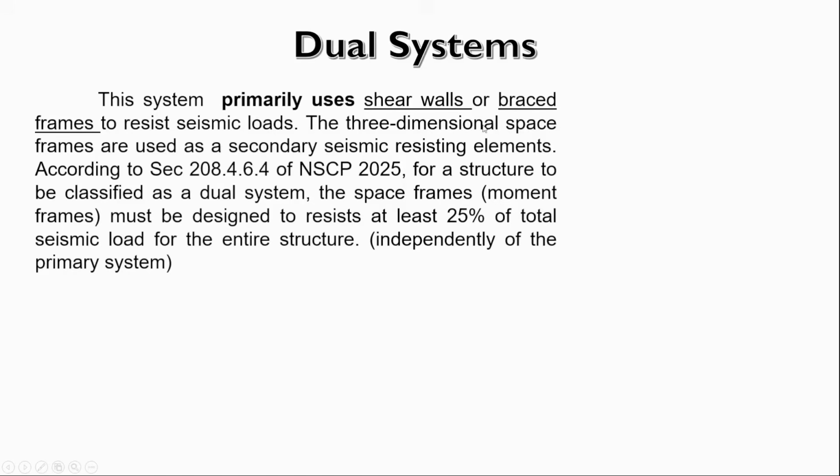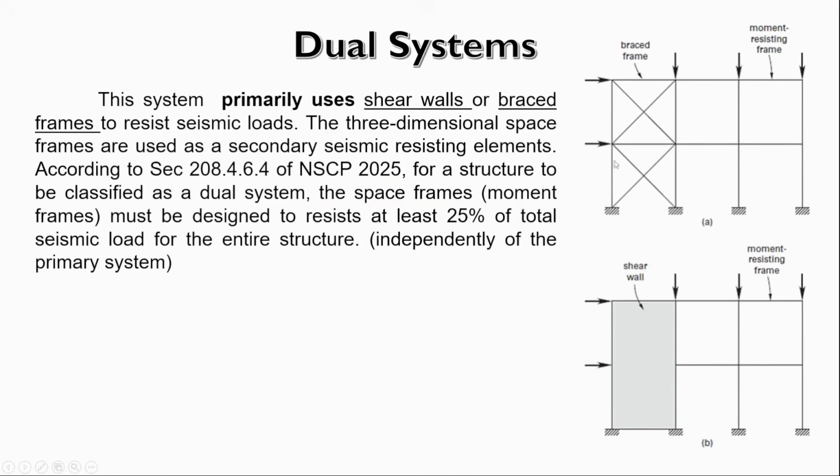In dual systems, both the shear walls or brace frames and the moment resisting frames resist the earthquake loads. But before we can consider it a dual system, the moment frames must resist at least 25% according to section 208.4.6.4 of NSCP 2025.